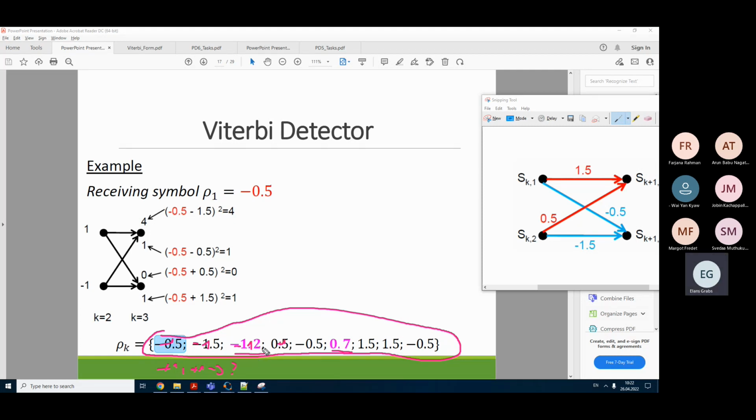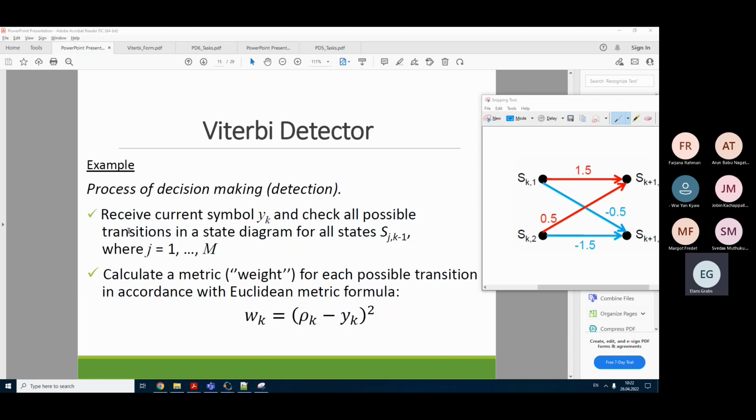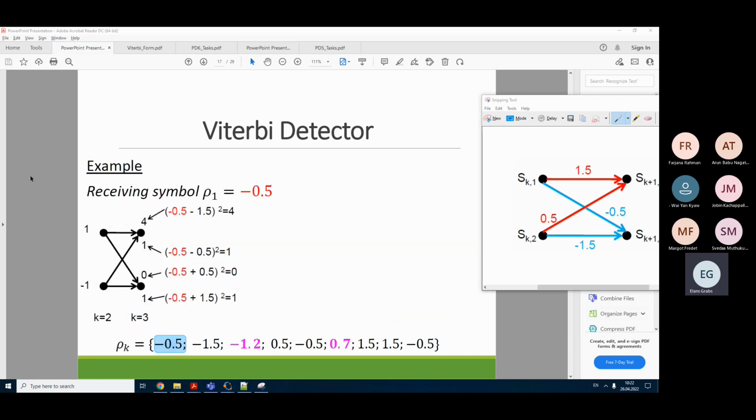However, you need to consider that first of all, we will have noise that may change the situation, and we might also have intersymbol interference that will distort the symbols. So this might not always work. So we do as we discussed in the previous slides, and calculate all the possible metrics for each of these possible transitions.